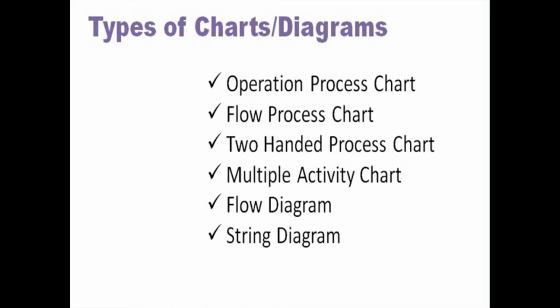Second is the flow process chart, where we discuss three different types: material type, worker or operator type, and equipment type flow process chart. Third is the two-handed process chart, where it is a right-handed or left-handed process chart. Then the multiple activity chart, sometimes called a man-machine chart. Then flow diagrams and string diagrams. So let's understand each chart and diagram in detail.